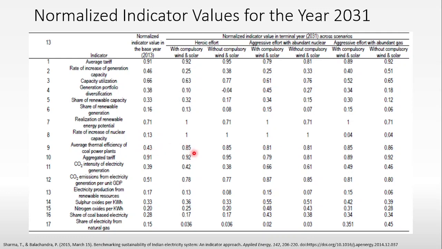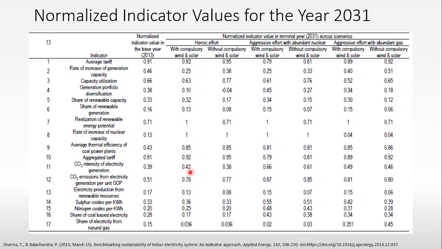In heroic effort, you want to reach up to 0.85, almost double this, whereas in aggressive effort you have about 0.81, and similar values in the other scenarios. And you look at the CO2 intensity of electricity generation, which was only 0.39 in the base year 2013. You want to reach up to 0.66 in this scenario, with solar and wind.